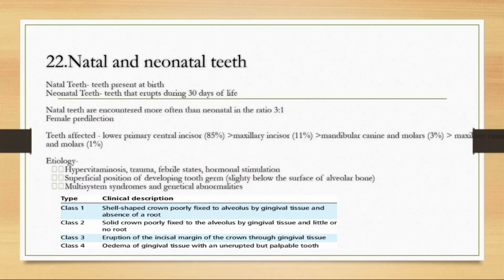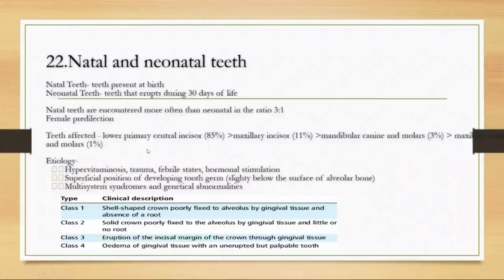So what are natal and neonatal teeth? Natal teeth are present at birth; neonatal teeth erupt during the first 30 days. Natal teeth are encountered more often than neonatal in the ratio of 3:1, and are more seen in females, baby girls.